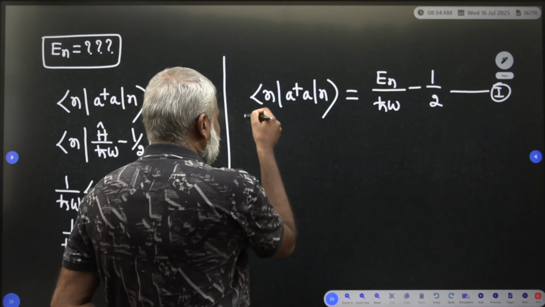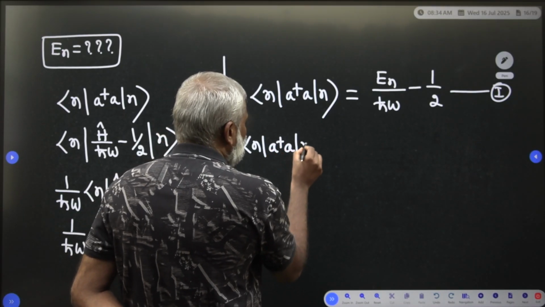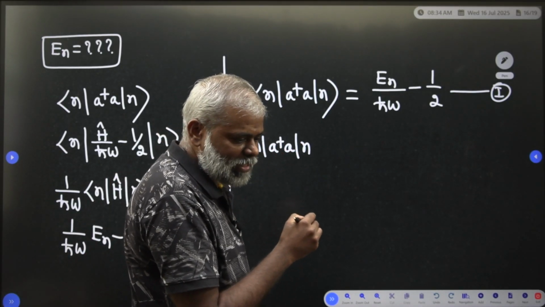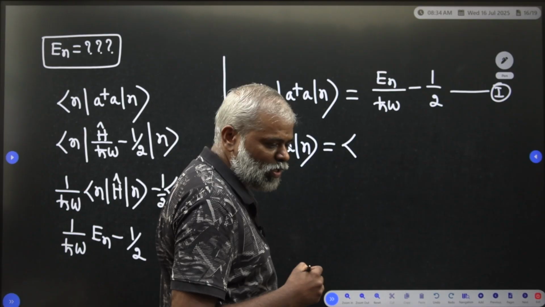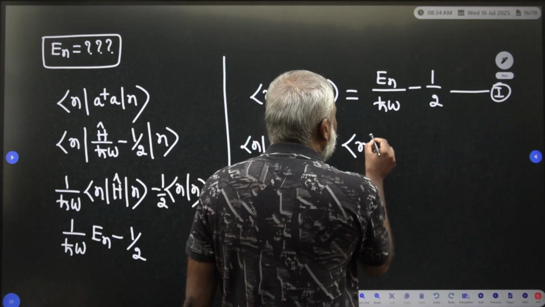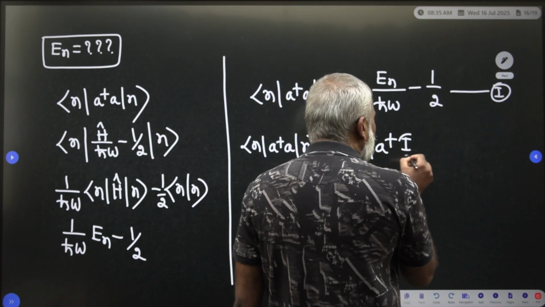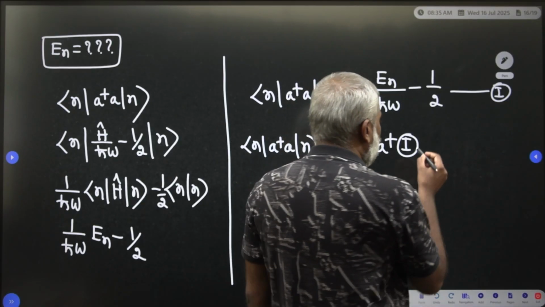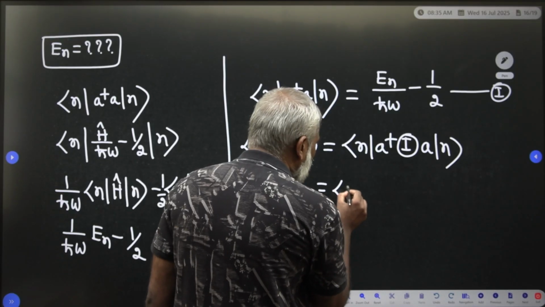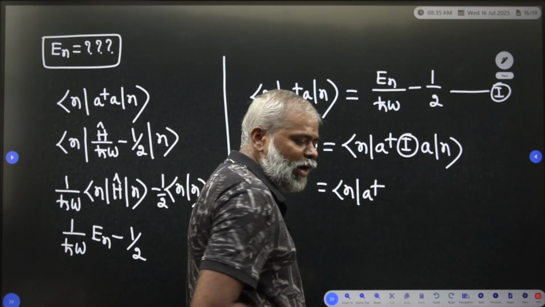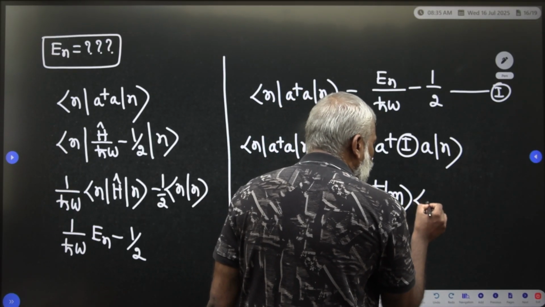Similarly, I take the same expression, bra n A dagger A ket n, and rearrange it. Instead of the ket I have to insert the completeness relation, that is the outer product, the ket-bra product.